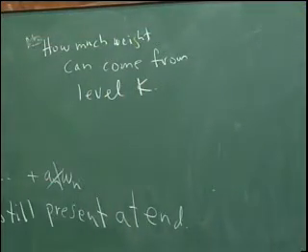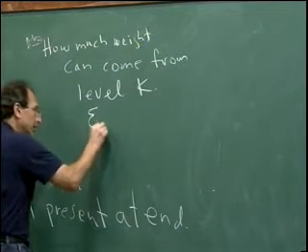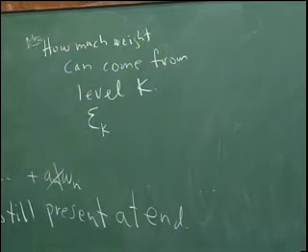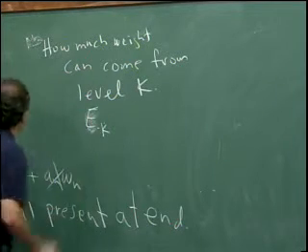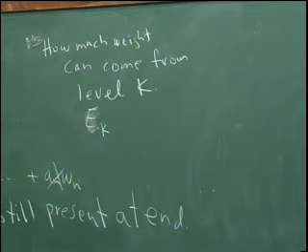So how much weight from the kth level, I'm going to speed up a little, can come down and kill this? Well, the total weight at the kth level was Ek, the energy spectrum at k. How much of it can come all the way down to the first level? At level k, you've got a monomial of size k. To bring it down to the bottom level, you have to have looked at k minus one of those bits. Each bit is looked at with probability delta.